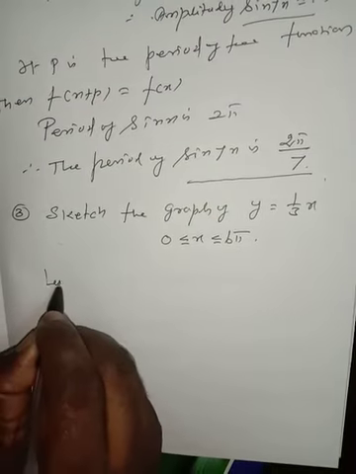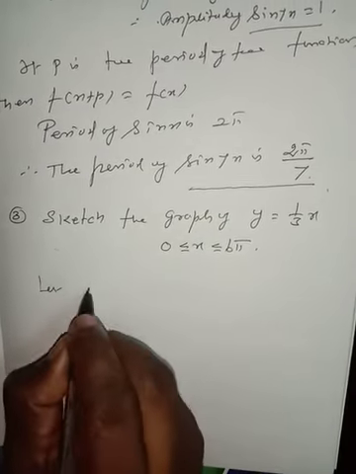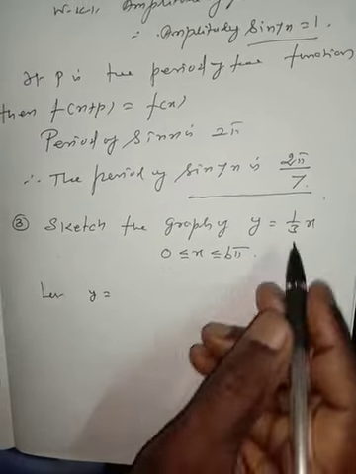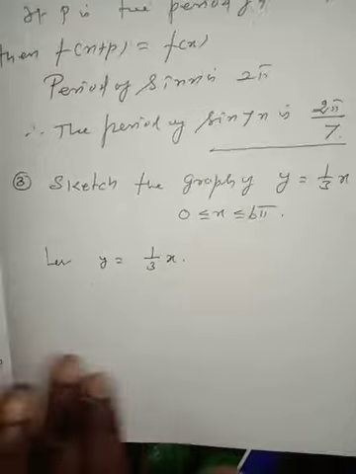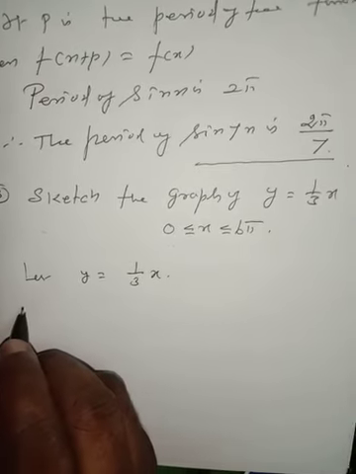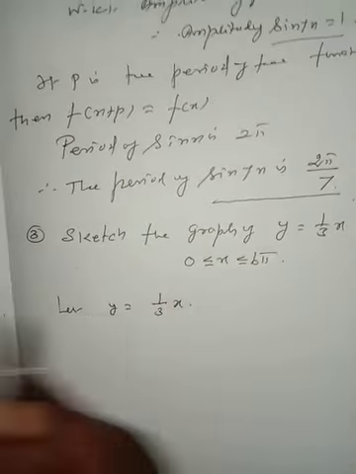Let y is equal to sin (1 by 3) x. The tabular column, x ranges from 0 to 6 pi.